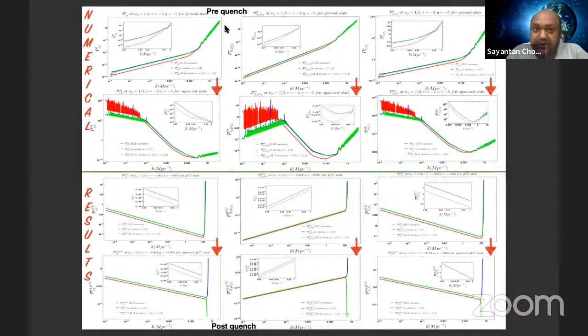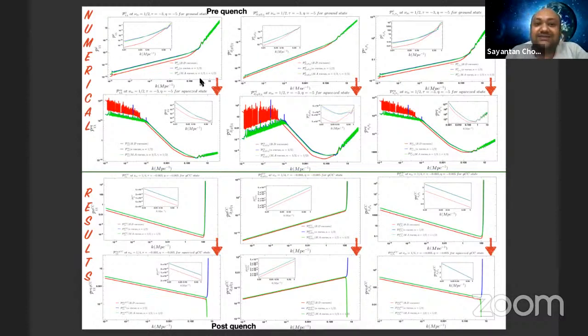One important thing I have to mention here: for the chi-chi correlation, for pre-quench and post-quench, both we have plotted in Fourier space, and we have seen that for a particular value of the momenta, it exactly conforms with our observation from Planck 2018 data.